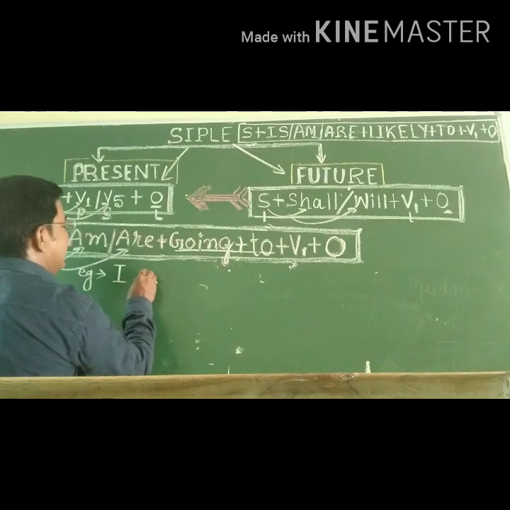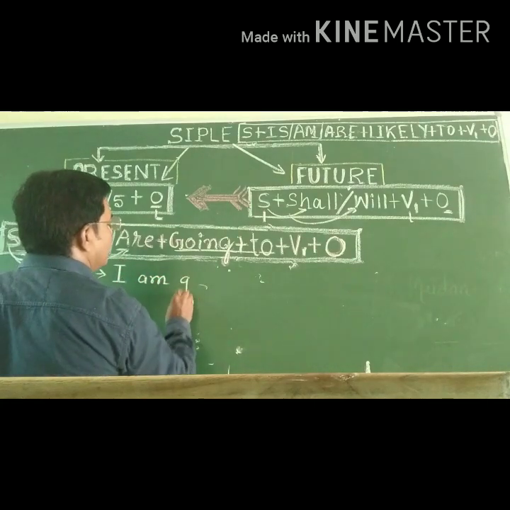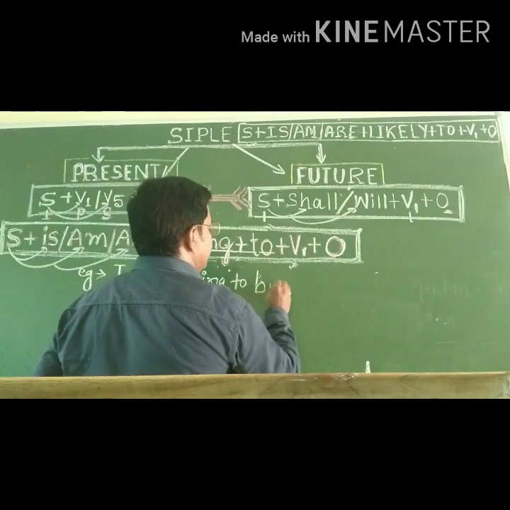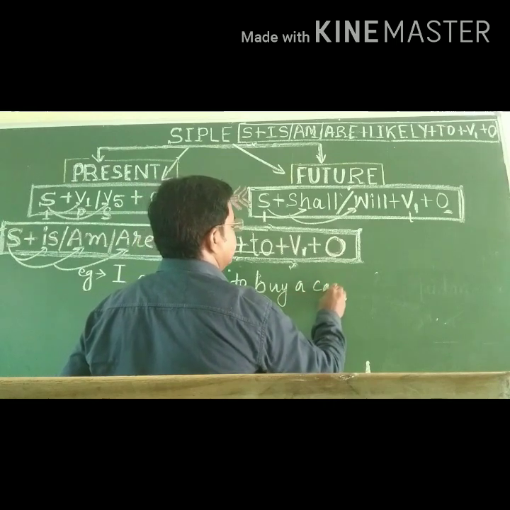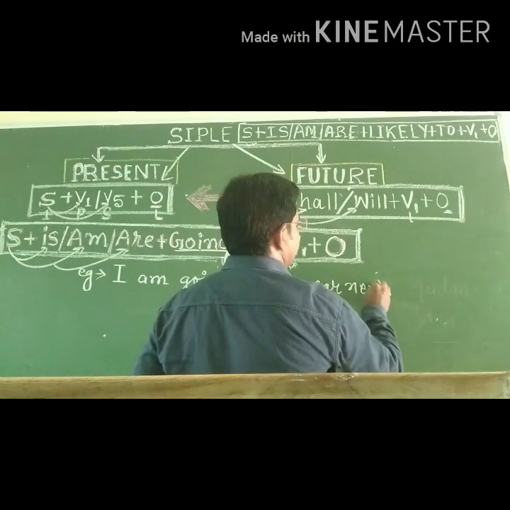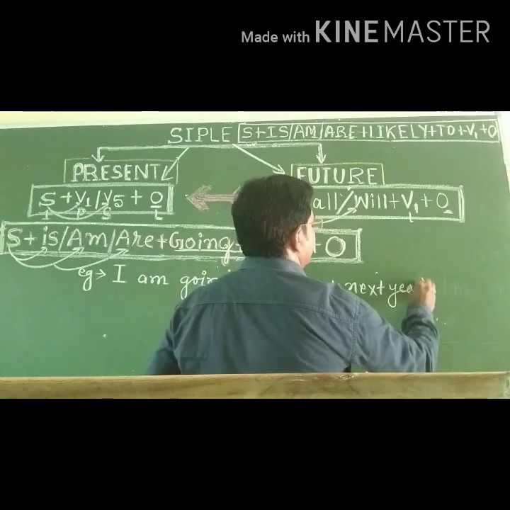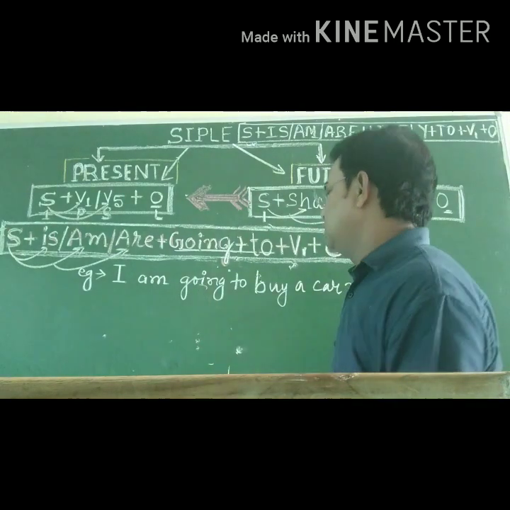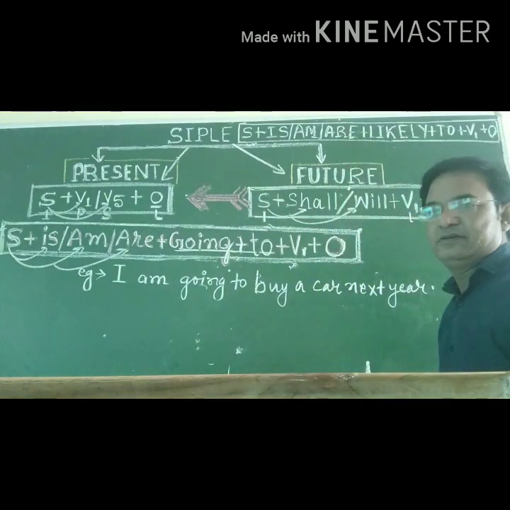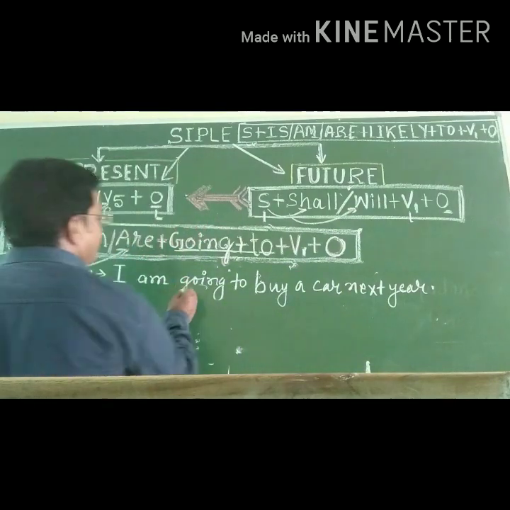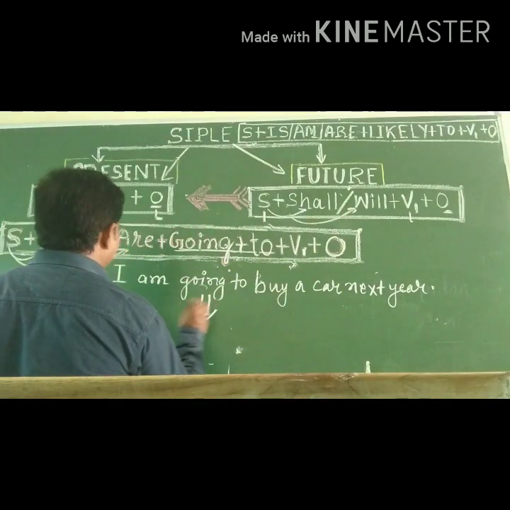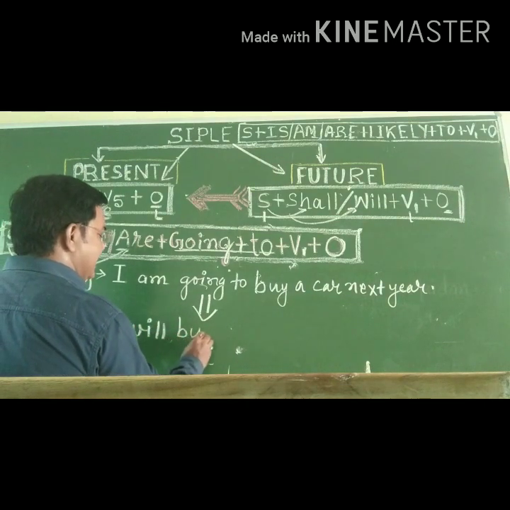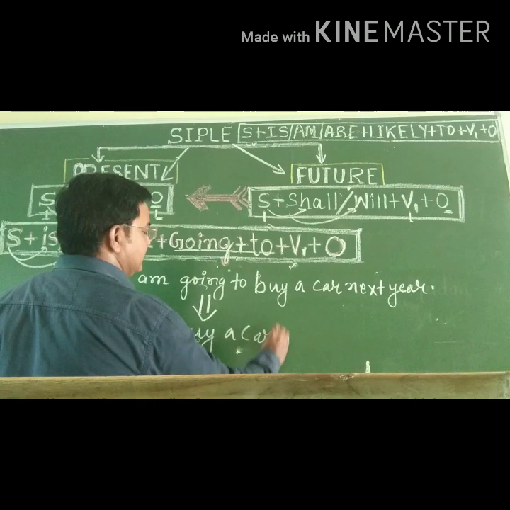I'm going to write: I am going to buy a car next year. Here you are watching on the board, it is "I am going to buy a car next year." It is the most appropriate form rather than writing "I will buy a car next year."